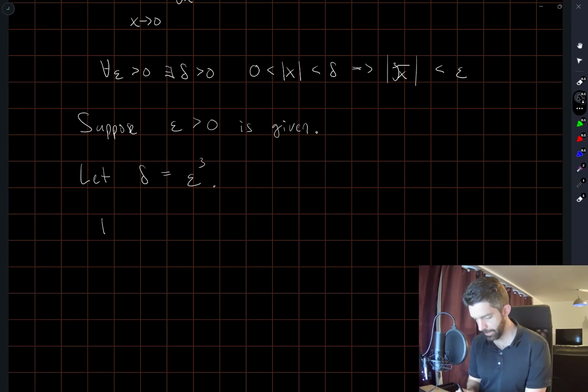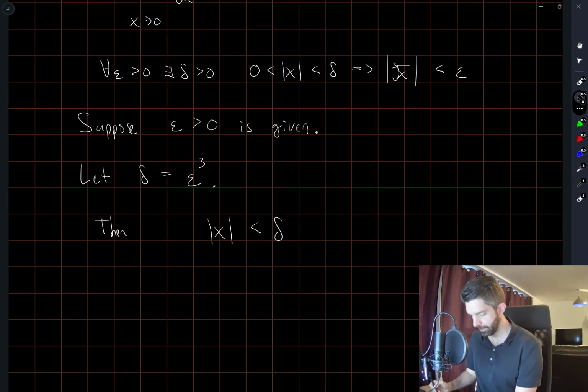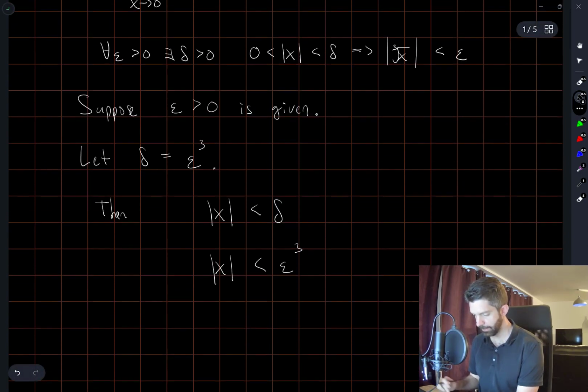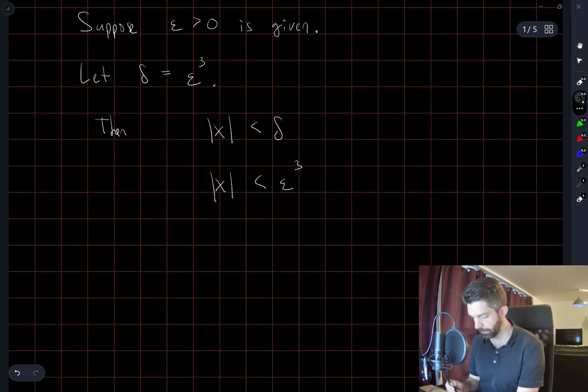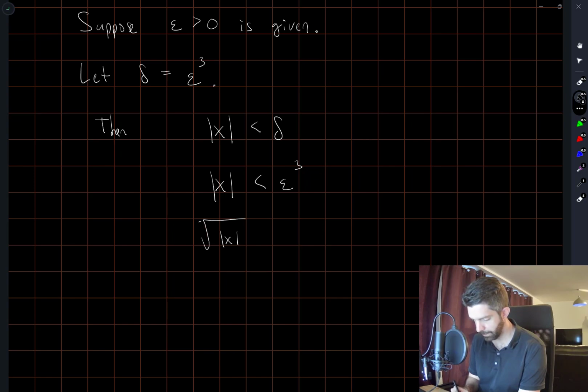Okay, then the absolute value of x less than delta means that the absolute value of x is less than epsilon cubed. And if I now take a cube root of both sides, I get that the cube root of the absolute value of x is less than epsilon.